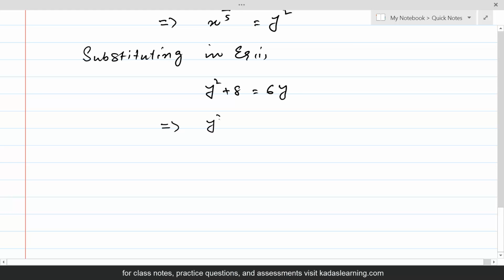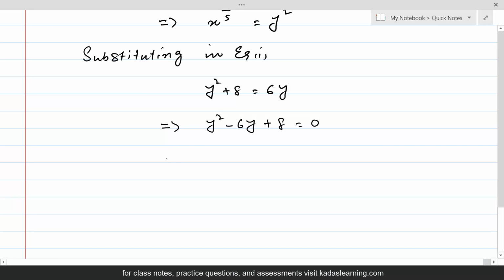Y square minus 6y plus 8 equal to 0. My favorite method is factorization, but you can use any of the methods which you have learned in the previous questions.